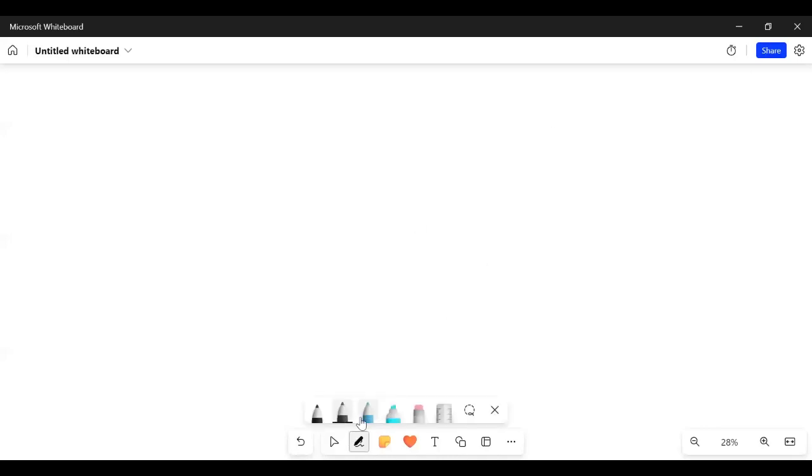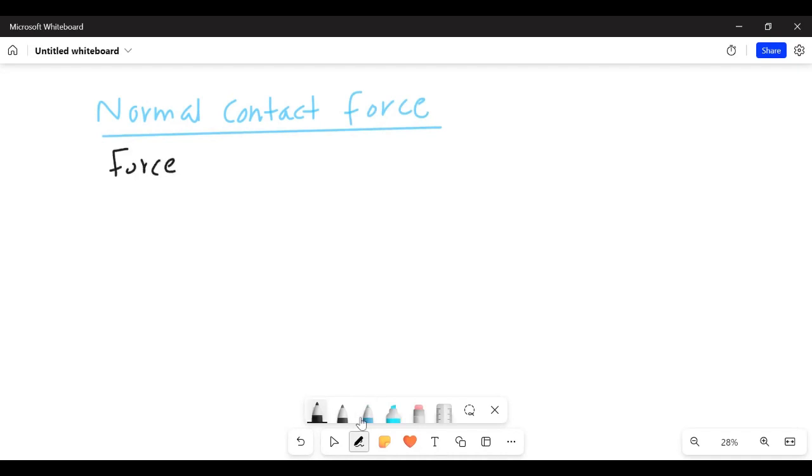Now we're going to discuss something called the normal contact force. What is this force? It's a force that acts at a right angle.